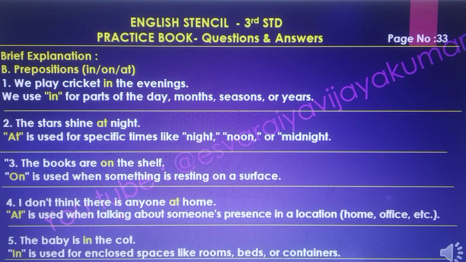I don't think there is anyone at home. At is used when talking about someone's presence at a location, home, office, etc. The baby is in the cot. In is used for enclosed spaces like rooms, bed, or containers.